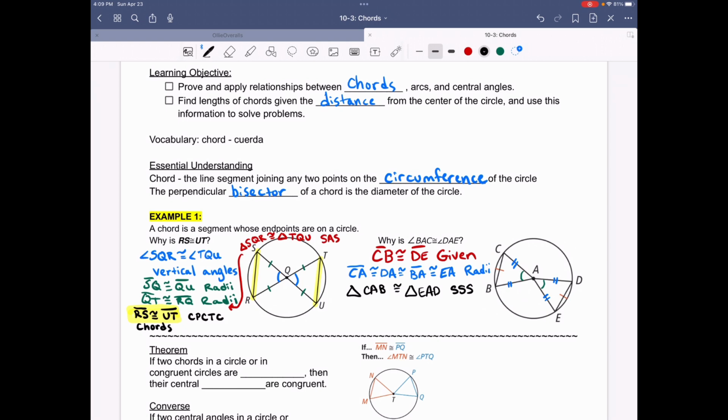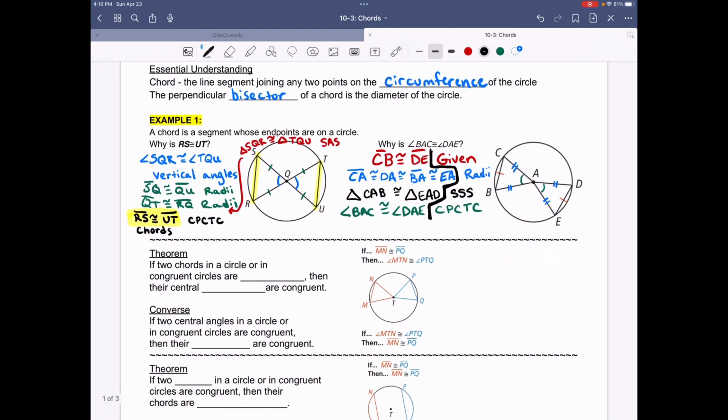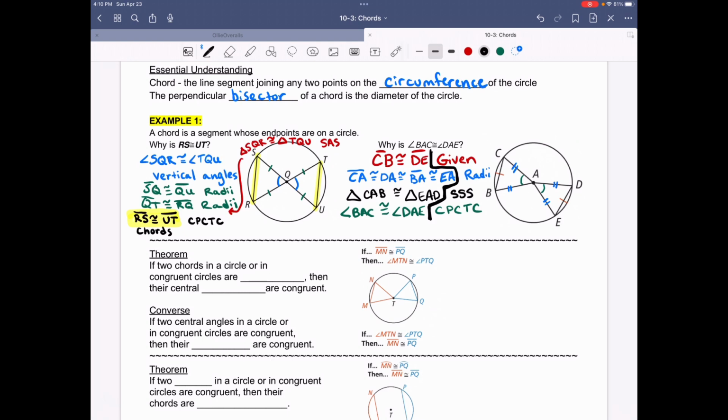And if that is true, then the angles have to be congruent because angle BAC and angle DAE are corresponding parts of congruent triangles, which are congruent. So we have our statements and reasons. And if it was in two columns, we would just separate these statements from reasons. Now that we've proven those, we have some theorems that are going to say the same things, but we don't have to prove them again.